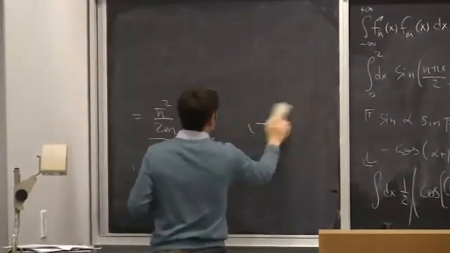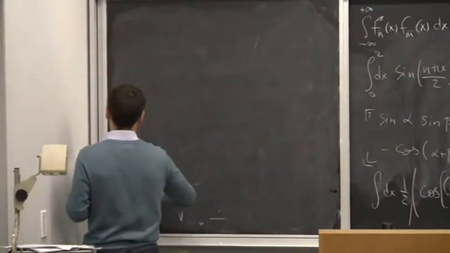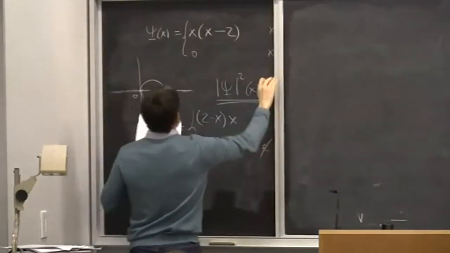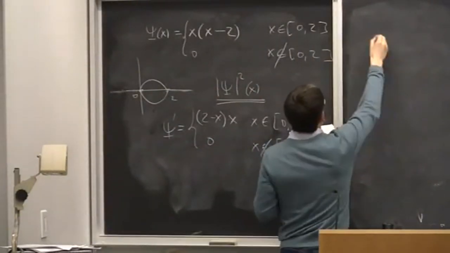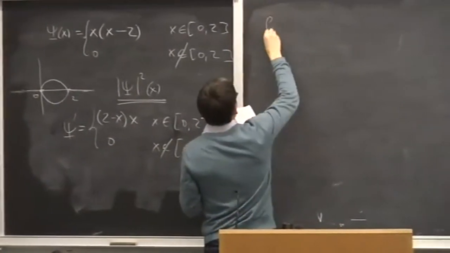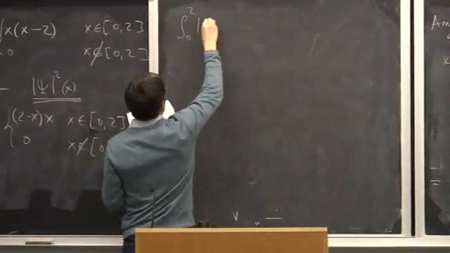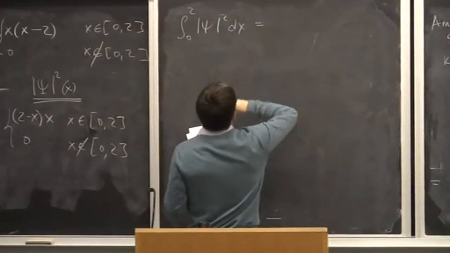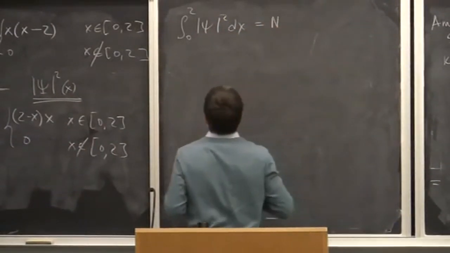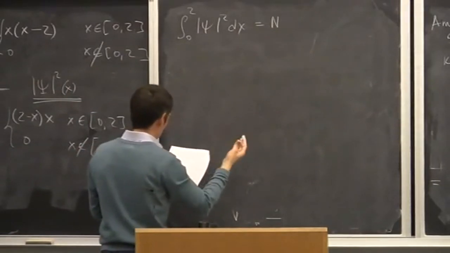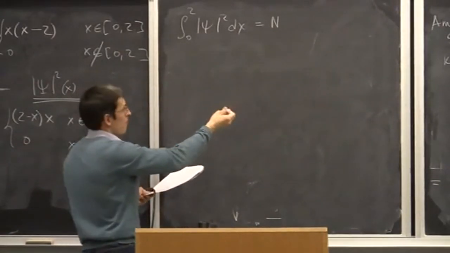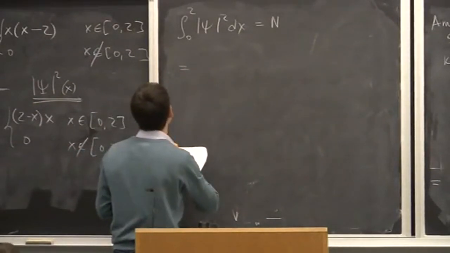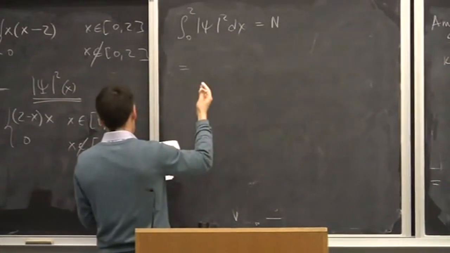We have a function, which was written here, and we check that this integral is some number, and if it's not 1, then we divide the original function by the square root of that number to normalize it. So let's find the value of this integral.